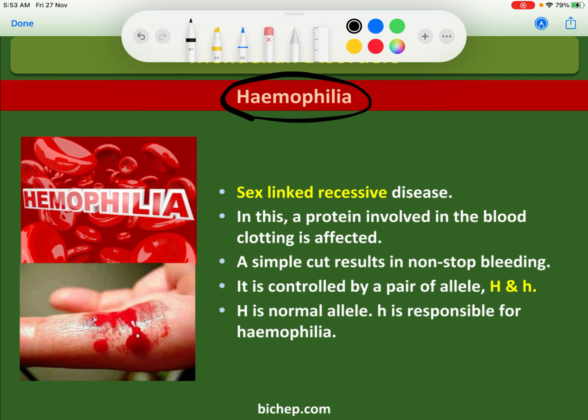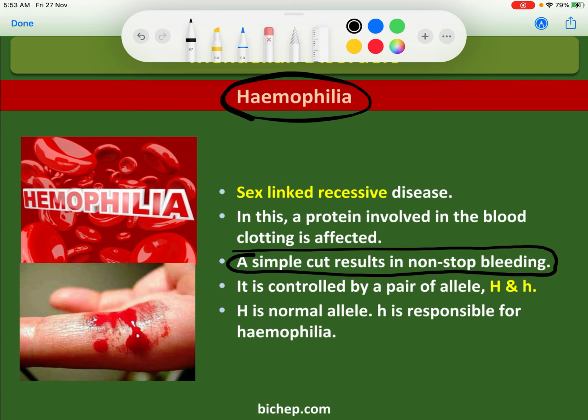So the person who is affected, even if they get a simple cut, it can result in non-stop bleeding. So blood is not getting clotted. That is the effect which is seen in the affected person.